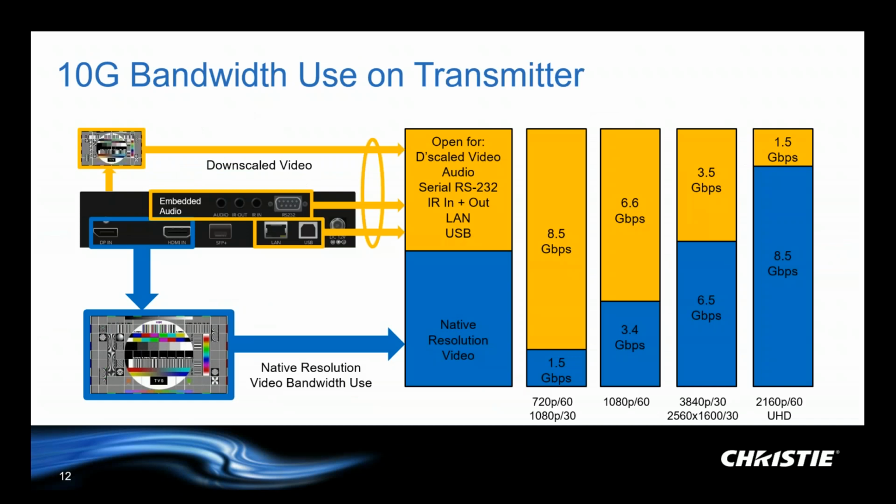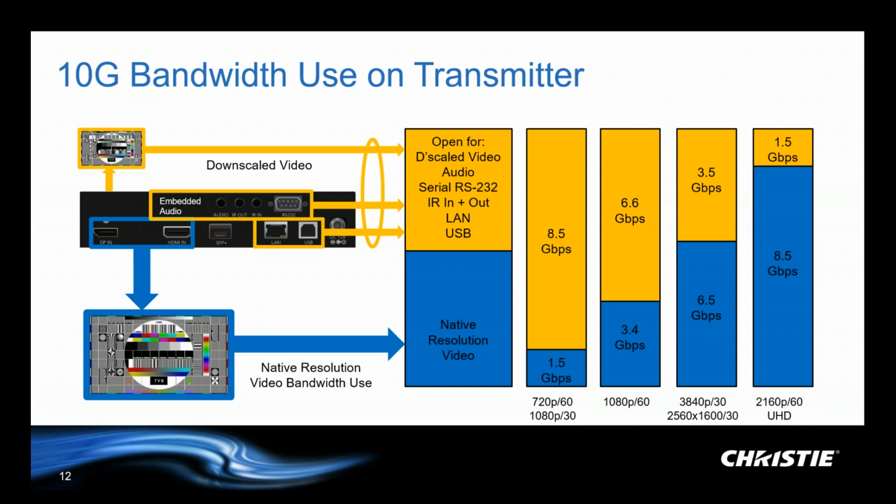What you really need to remember is that the higher the resolution the input is on the TX, the less bandwidth you have for stream 1. The transmitter is always going to prioritize stream 0 in terms of bandwidth. It's always going to send it out at either native resolution or as close to native resolution as it can get.